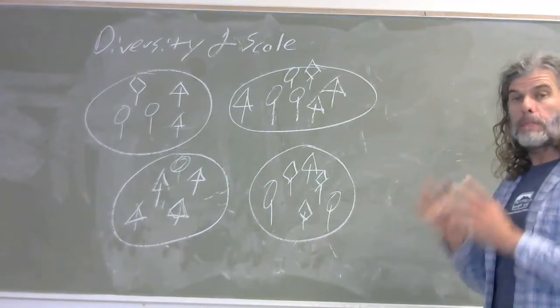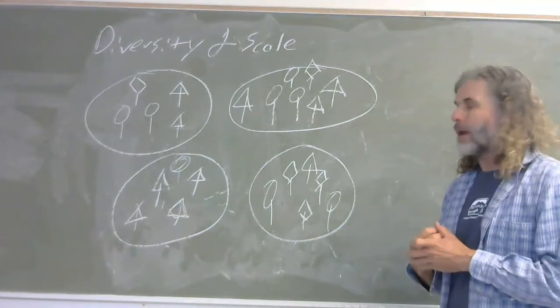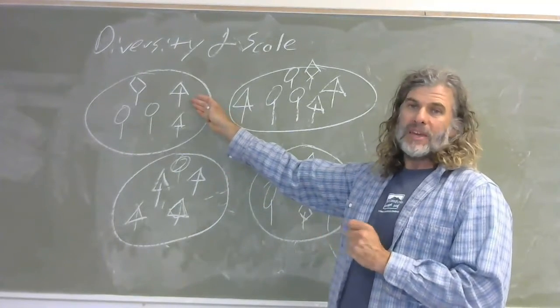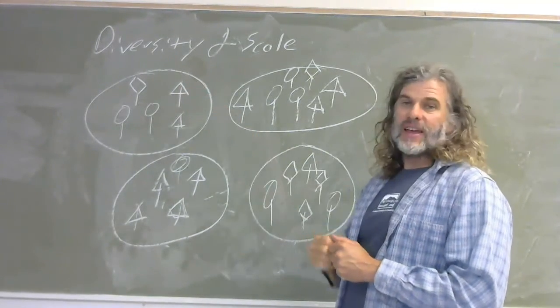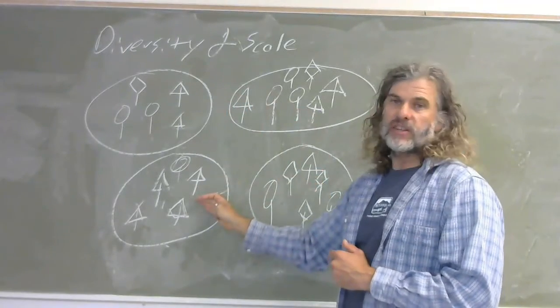So there are many different terms that are used to explain this kind of pattern in diversity. Oftentimes alpha diversity would be the diversity within stands, and we might look at that and say these ones are higher diversity than this one.